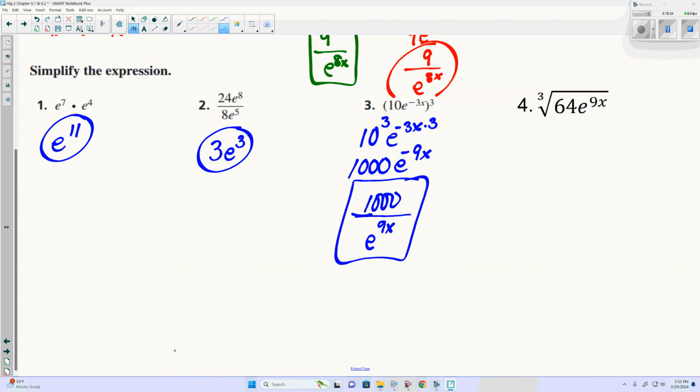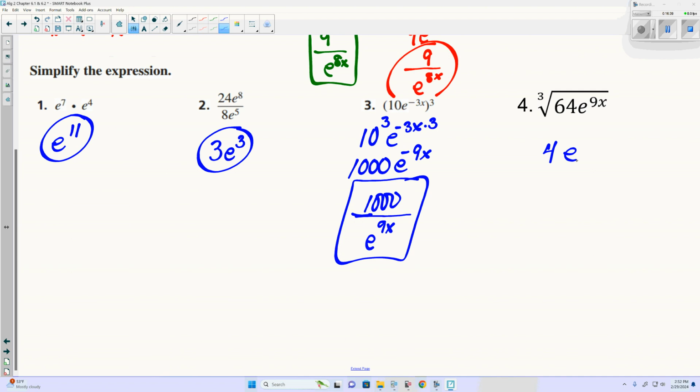You're good. Because 8 times 8, 8 squared would be 64. So we can take the cubed root of 64 in a calculator. It will do it for us.